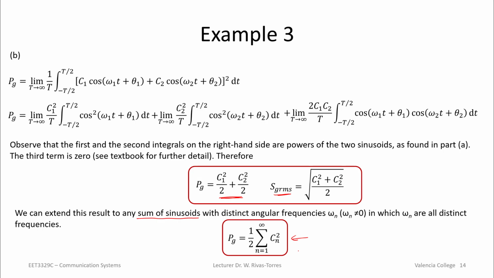And this is true as long as the omega values, and remember, omega here is the radial frequency. So omega is always equal to 2 pi times the linear frequency. So this is in hertz, and this is in radians per second, okay?